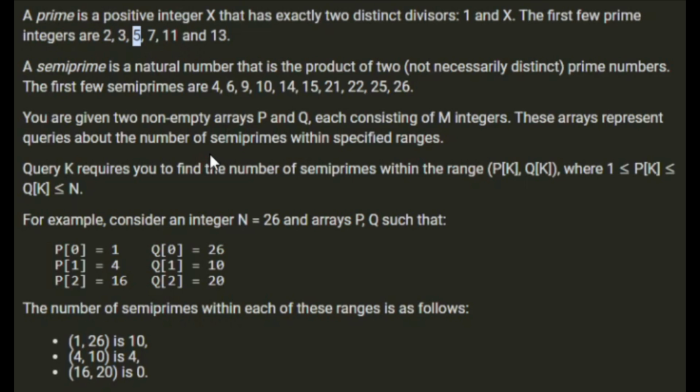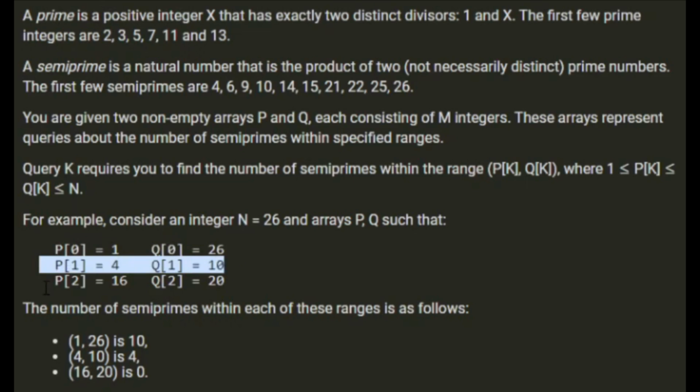You're given two non-empty arrays P and Q, each consisting of M integers. These arrays represent queries about the number of semiprimes within specified ranges. Query K requires you to find the number of semiprimes within the range of Pk and Qk, where 1 is less than or equal to Pk, is less than or equal to Qk, is less than or equal to N. For example, consider an integer N is 26, and arrays P and Q are that we have P0 is 1 and Q0 is 26.